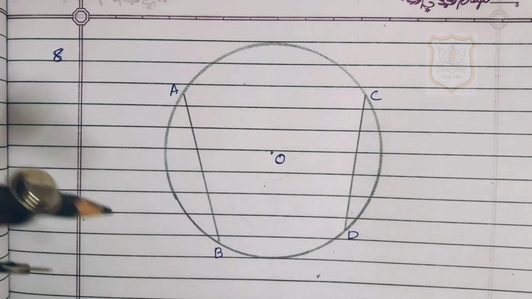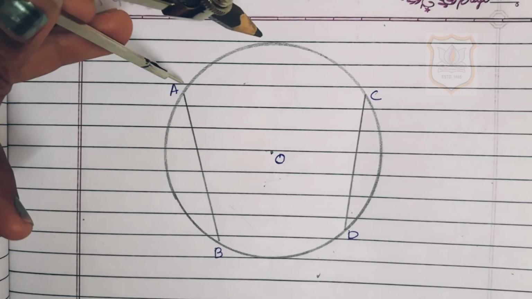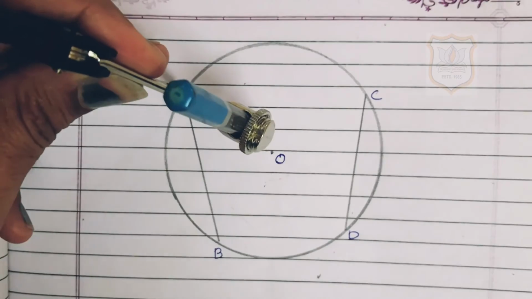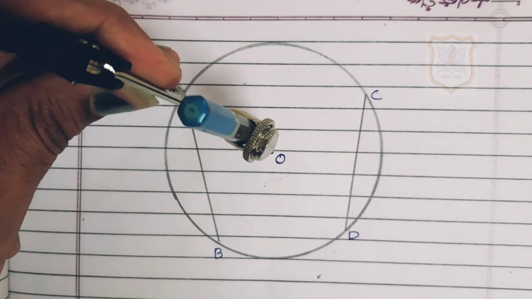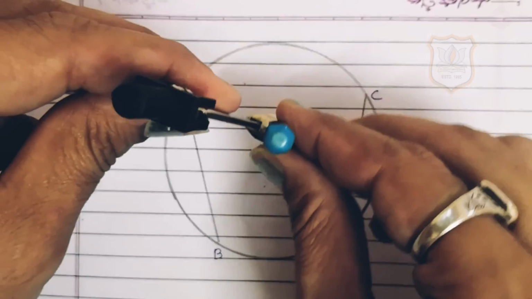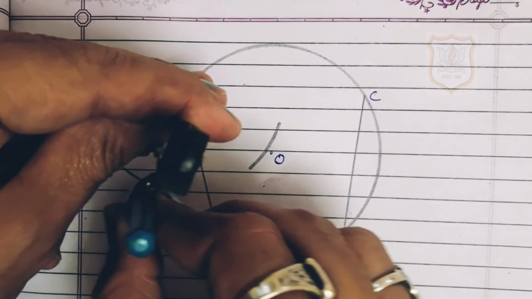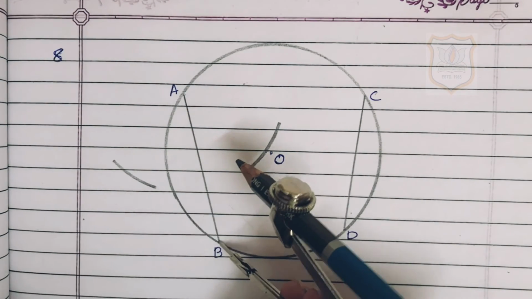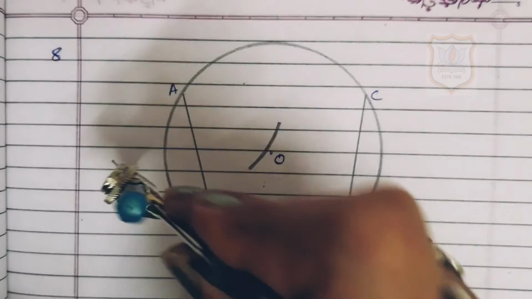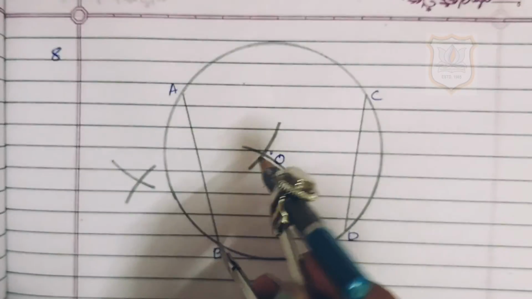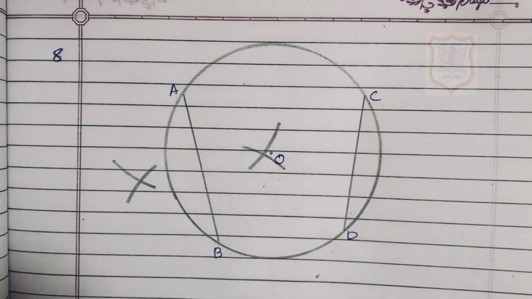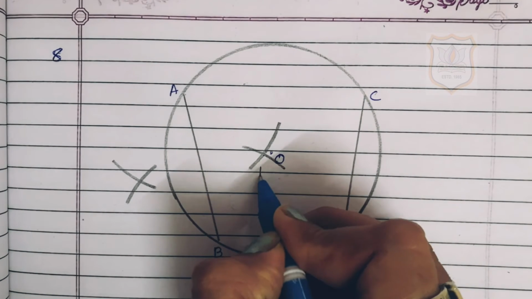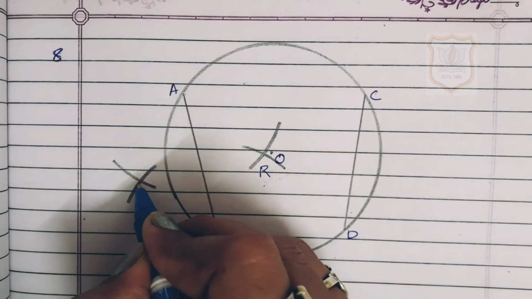Now to make the perpendicular bisector with the center A and radius more than half of length AB, we will draw two arcs, one on each side of chord AB. And now with center B with the same radius, we will draw two more arcs to cut the previous arc, and we will name these as point R and point Q.